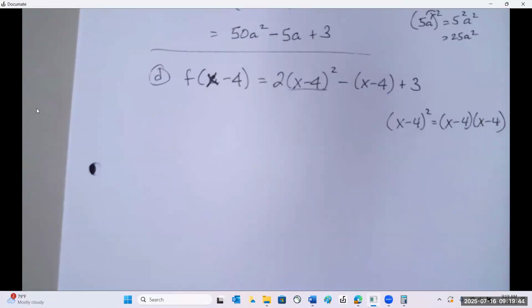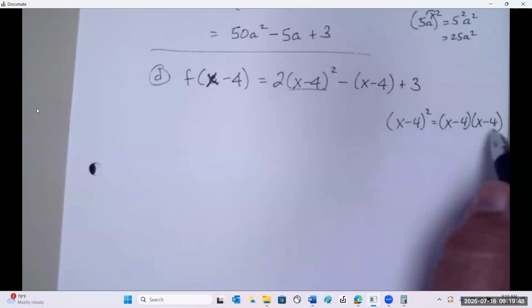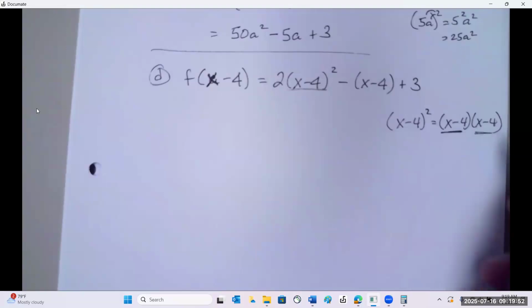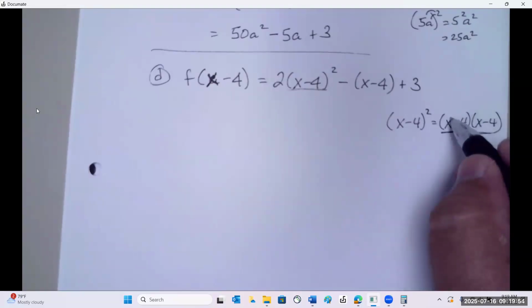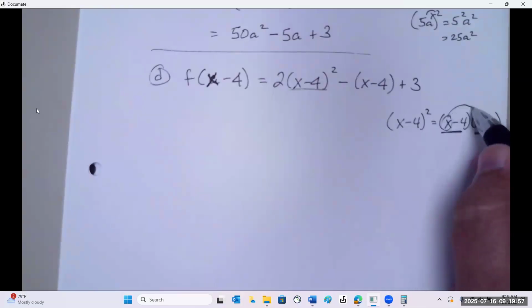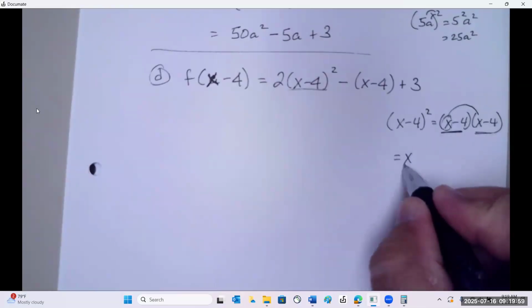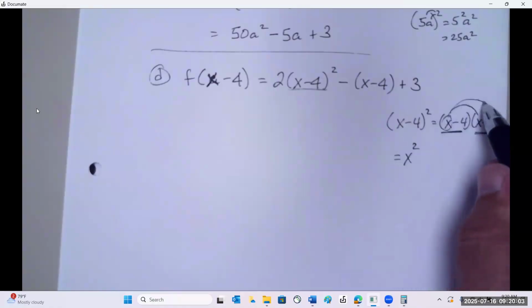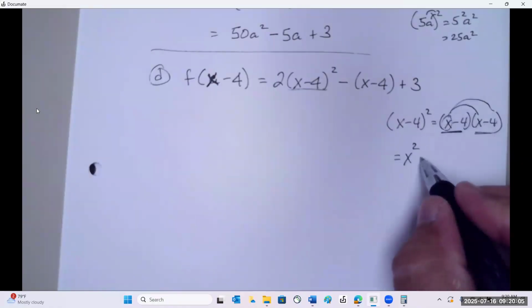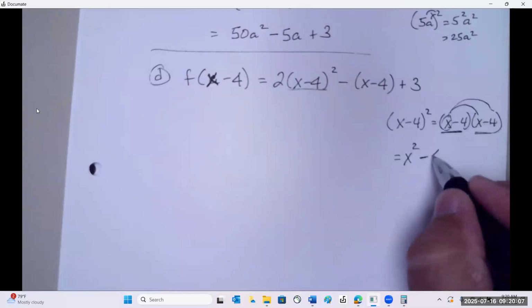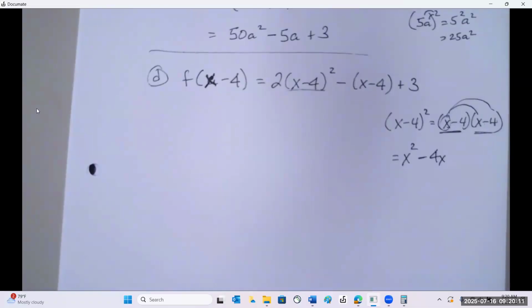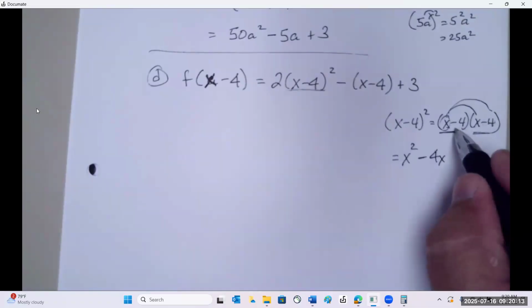I will go over all the properties of math shortly as well, because we need to know those. So what we have to do here is multiply everything in this first parenthesis by everything in the second parenthesis. The first thing we multiply is the x. x times x is x squared. Next one. Positive times negative is negative. x times 4 is 4x. Now the next one.